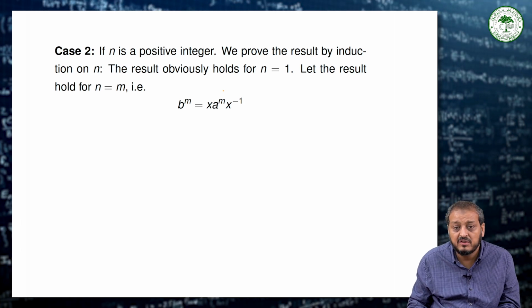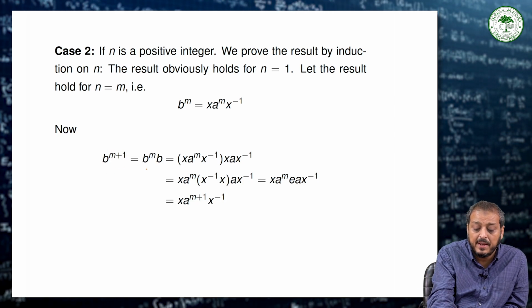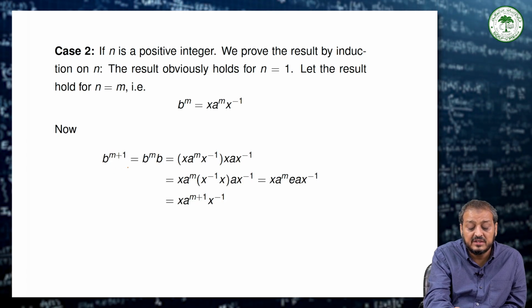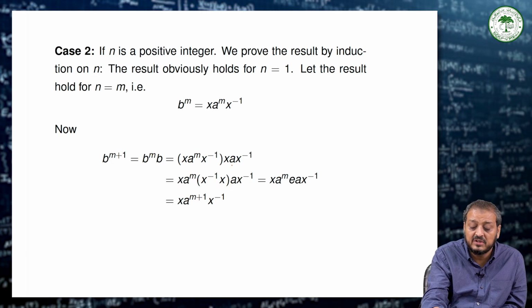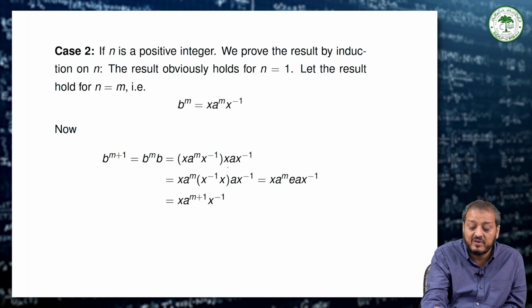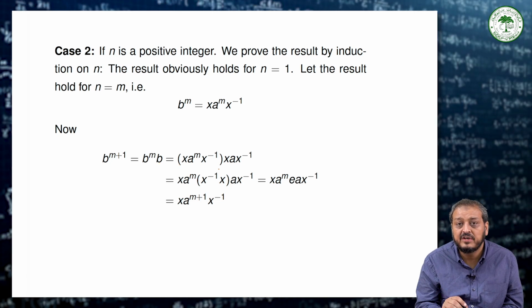So let us begin: b to the power m plus 1 can be written as b to the power m into b. Then b to the power m is x a to the power m x inverse, and b is x a x inverse, and we use associativity here.